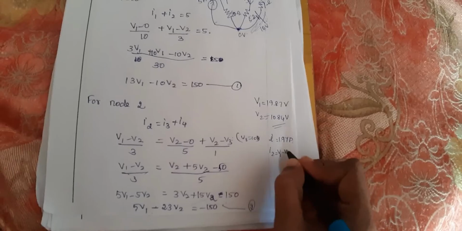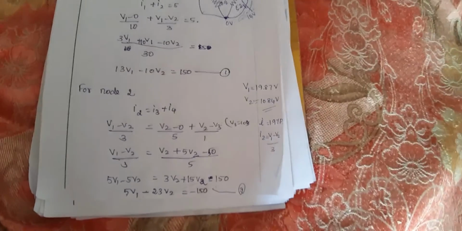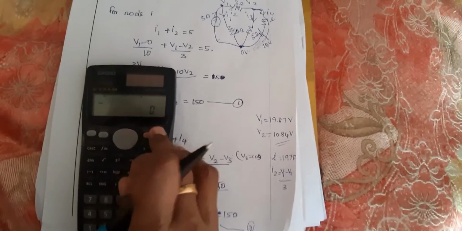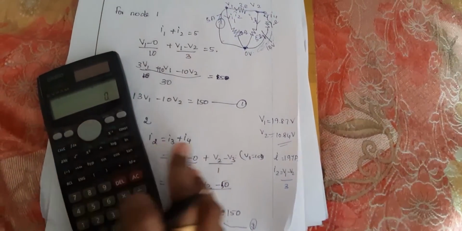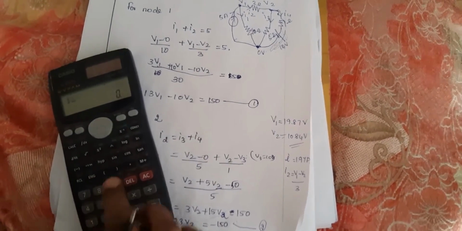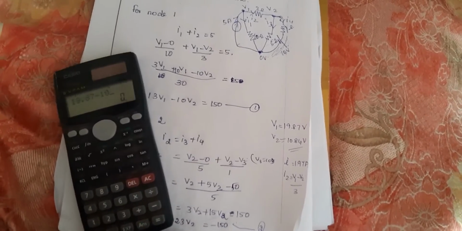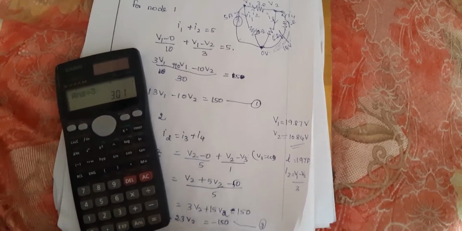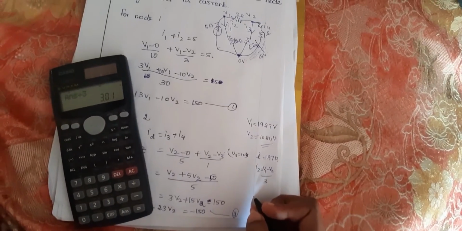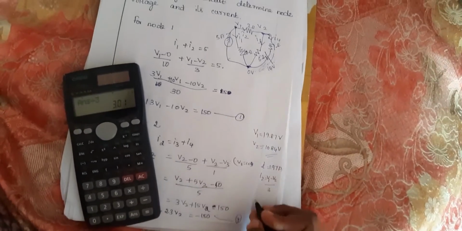Next, what is I2? I2 is V1 minus V2 by 3. V1 is 19.87 minus 10.84, divided by 3. So the answer is 3.01 ampere.